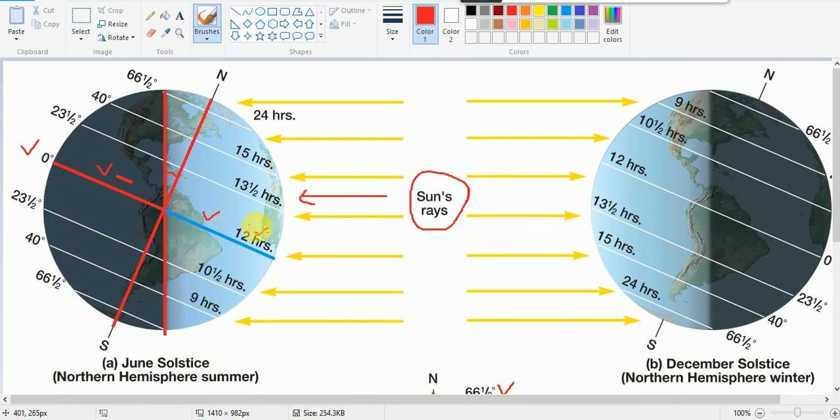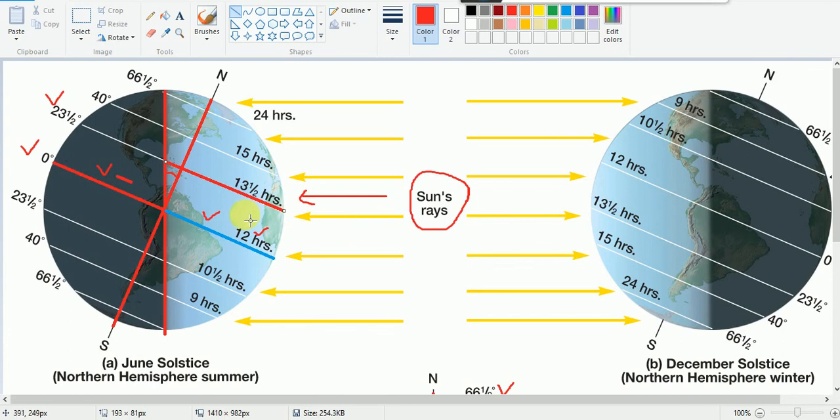However, see at 23.5 degrees north, that is along the Tropic of Cancer, here the daytime is 13 hours 30 minutes.